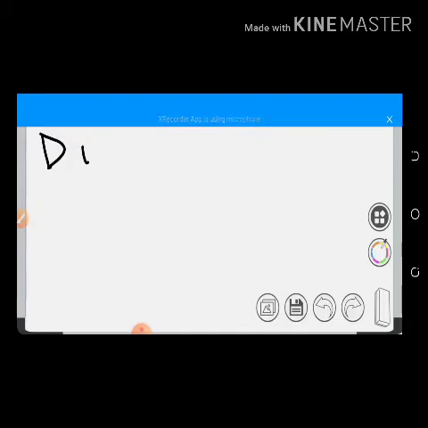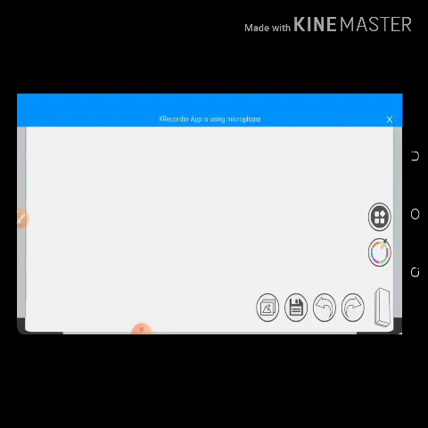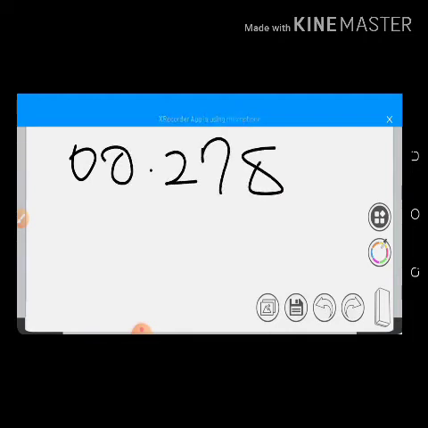So that's that on multiplying. Then I want to also touch dividing decimals by tens. Sorry if you can't see it well. So we have talked about multiplying. In dividing, we just do the opposite. Let's say 0.278 divided by 10 or by 100.